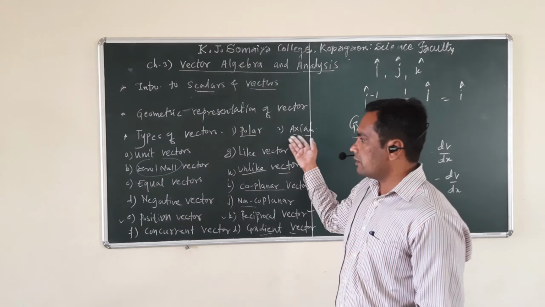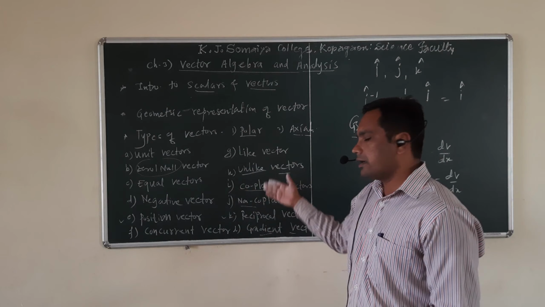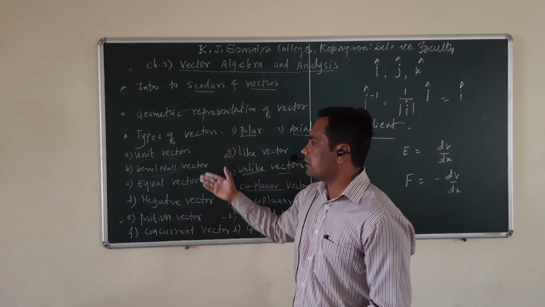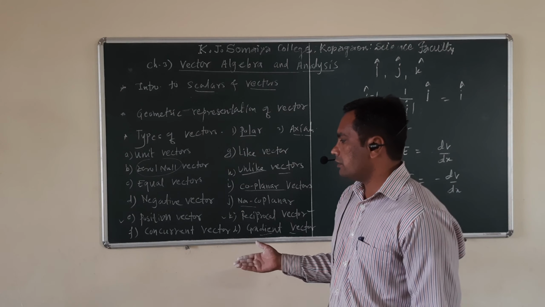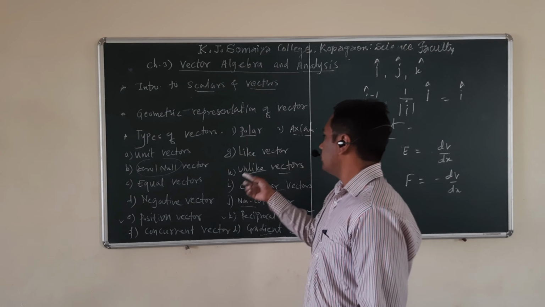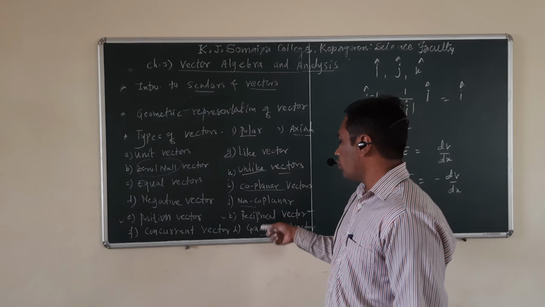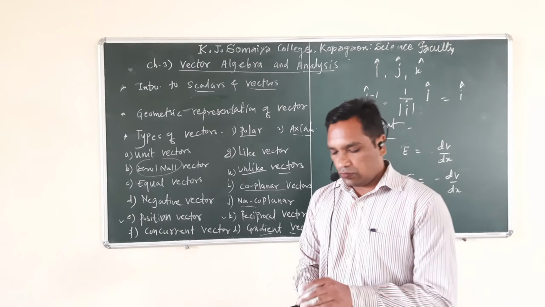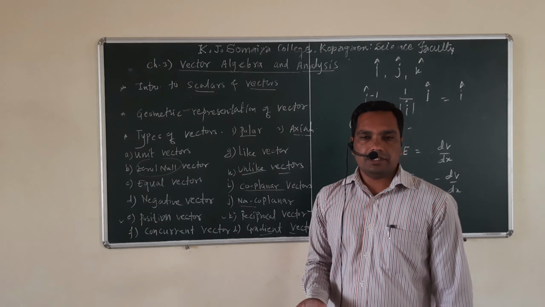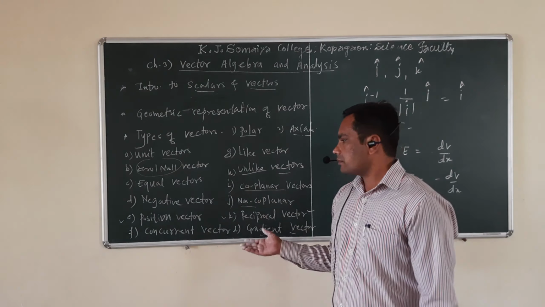Then the various types of vectors: unit, co-initial, equal, negative, position, concurrent, like, unlike, coplanar, non-coplanar, reciprocal and gradient. With this recall of what you have studied so far, we start our next lecture. So today I stop here.